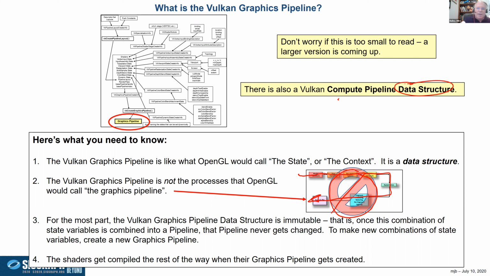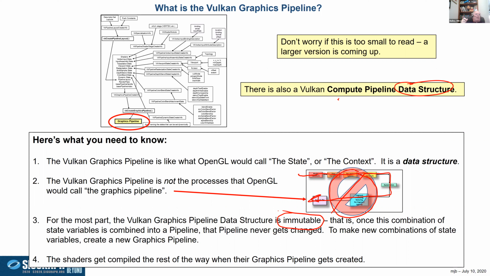Okay. The graphics pipeline data structure is largely immutable. Yeah, there are sneaky ways of getting at it and changing some value, but let's not think about that. Let's think about it as: for every combination of characteristics, current color, current transforms, the shaders to use, what the viewporting is, what the scissoring is, and so on, I need to create a unique pipeline data structure.